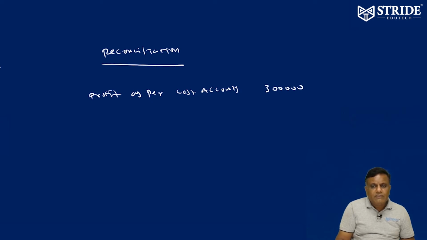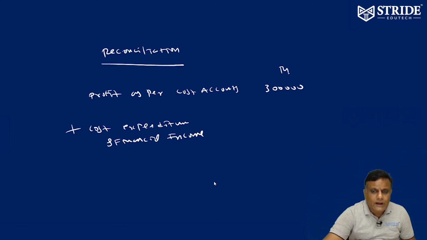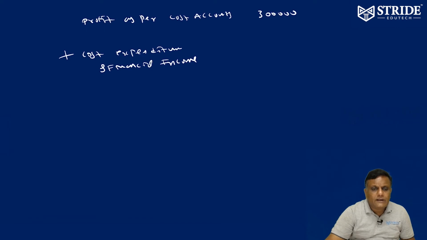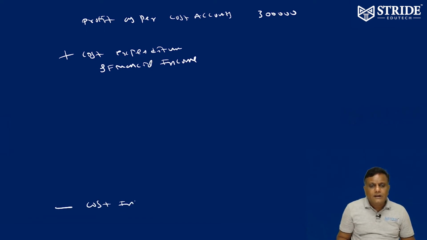Add cost expenditure items and financial income items. Those two items are to be added. What are the items to be subtracted? Cost incomes and financial expenditure. Those are to be subtracted.